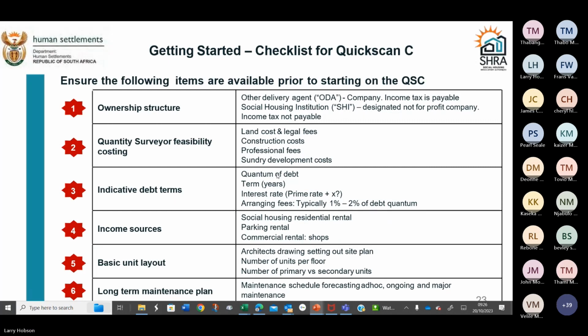There are a few components that go into the model, and when you're doing the model, make sure you've got this checklist of information ready. The first is the ownership structure for your ODA or your SHI.